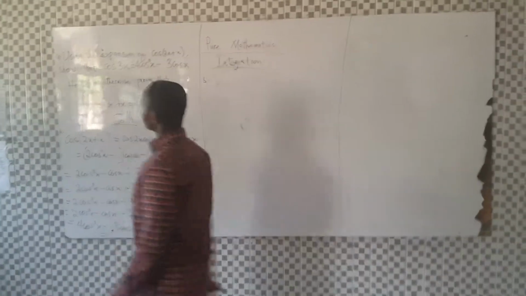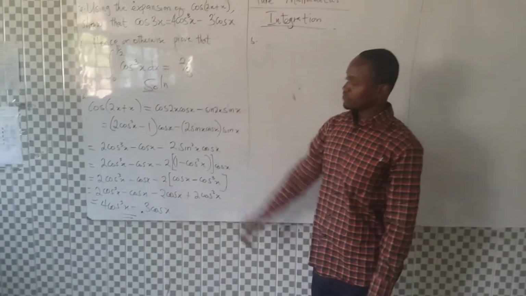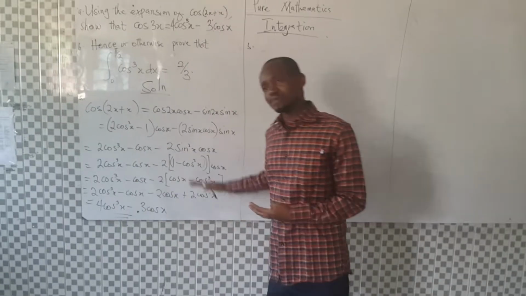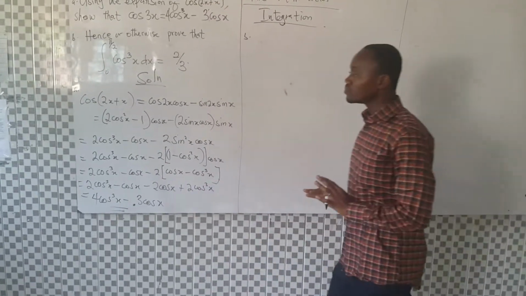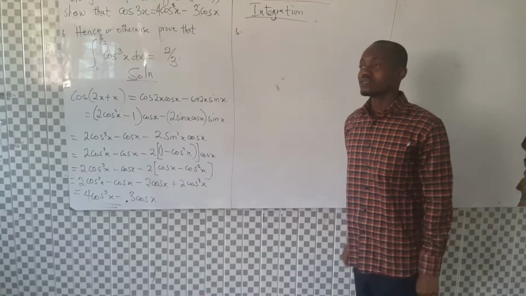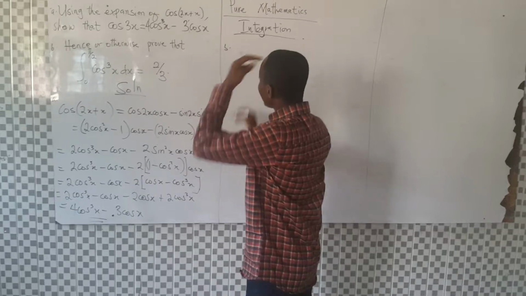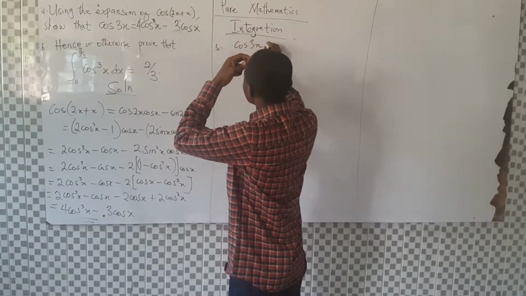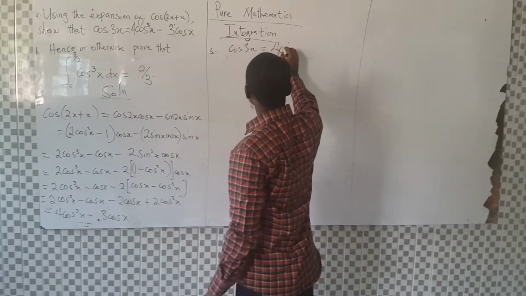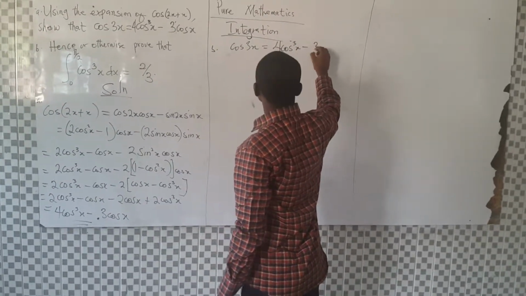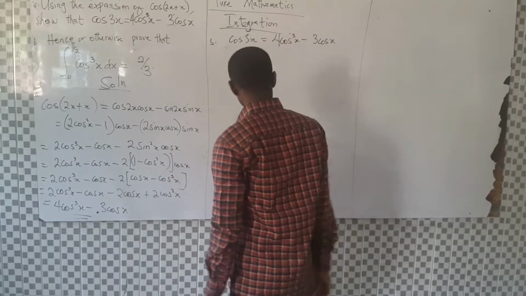Now let's get to the second aspect of this. We say hence or otherwise prove this. So it means that the result of this expansion could be helpful to arrive at our desired solution. In this expansion, we realize that cos 3x is equal to 4cos³x minus 3cos x.